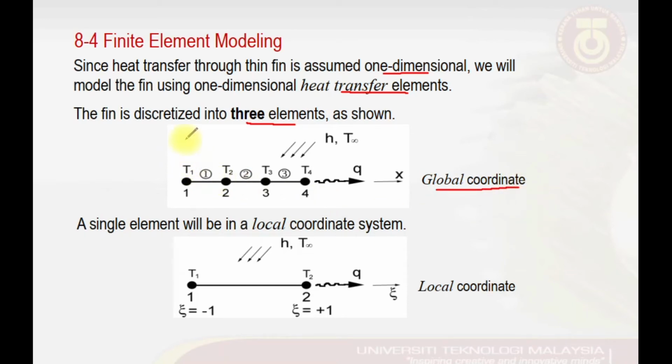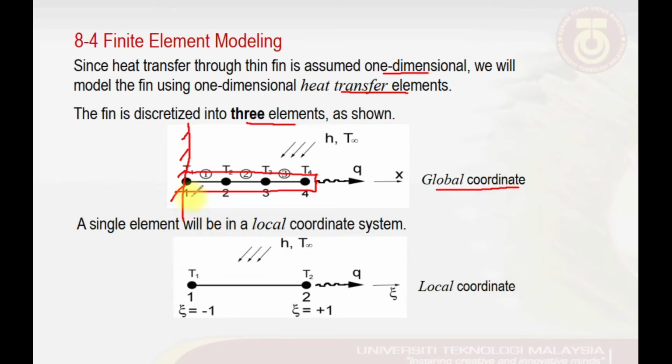So this is the whole fin that we have. For example, if we view it, this is the base of our fin, and this is the fin itself, where we discretize it into 3 heat transfer elements.